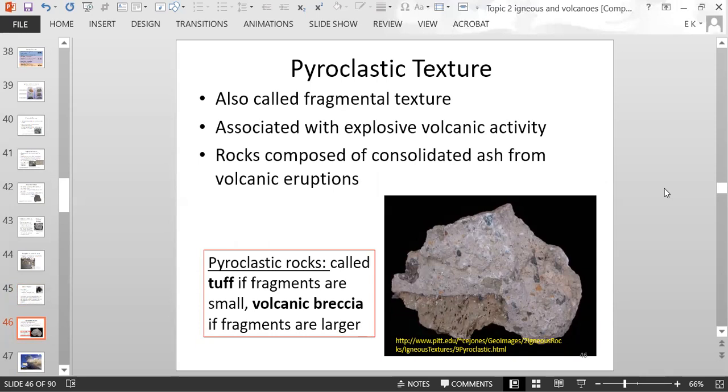So it's mainly just consolidated ash, but then you also have these little glassy fragments, little pieces of volcanic glass. So if the fragments in a pyroclastic rock are small, we call it tuff, T-U-F-F. If the fragments are larger, then we call it volcanic breccia.